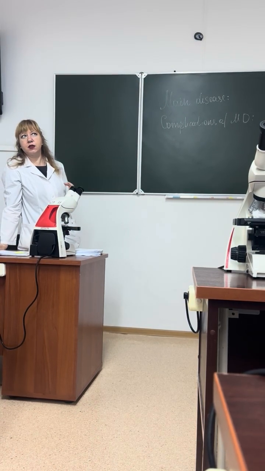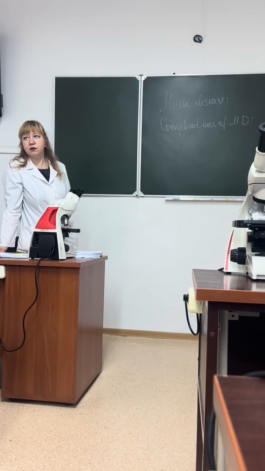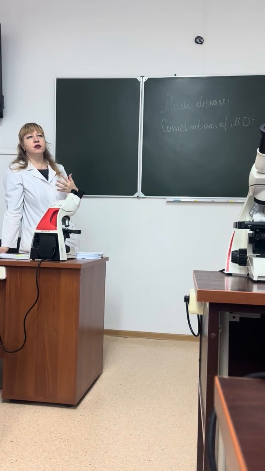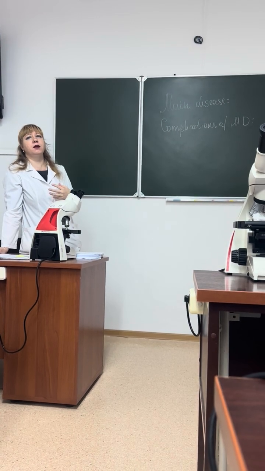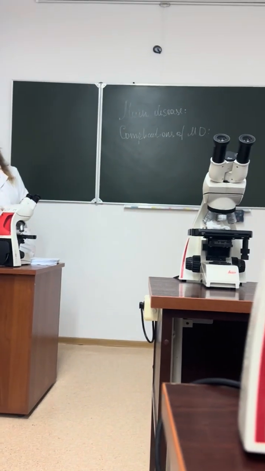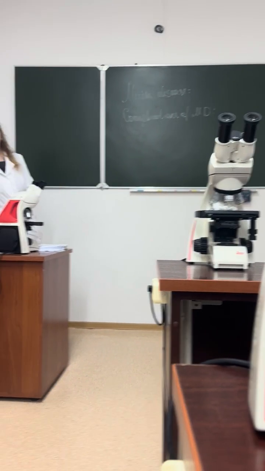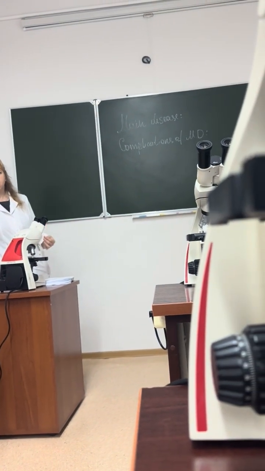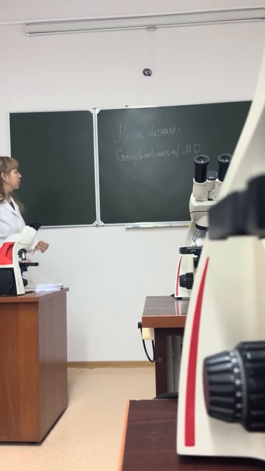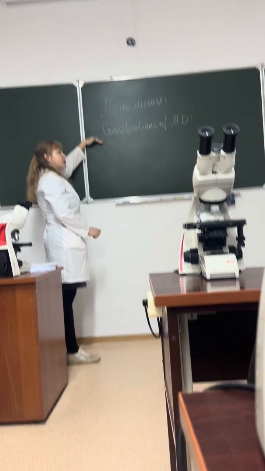Some disease starts, then the disease can progress and can lead to more severe changes. It can lead to the development of another disease or other syndromes or other symptoms. It's the result of disease progression. And these complications you should write down after the main disease.